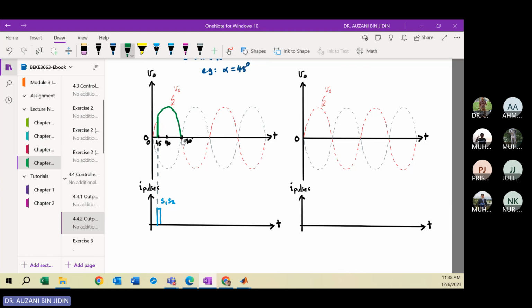So thyristor 1 and thyristor 2 continue to conduct when the angle goes beyond pi. That's why in this case your output voltage will be the same as Vs. Clear? Then you inject the current pulse for S3 and S4, at which point?